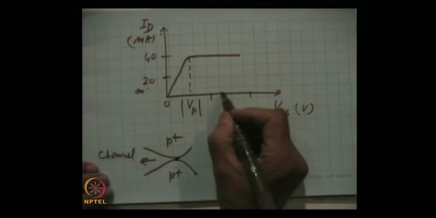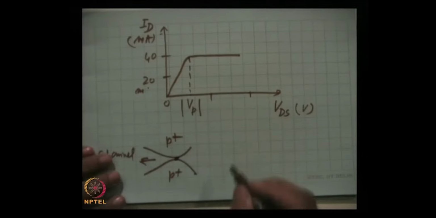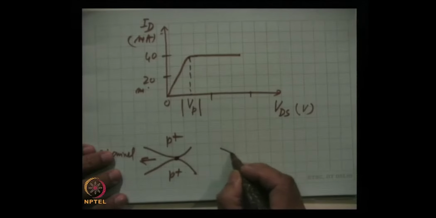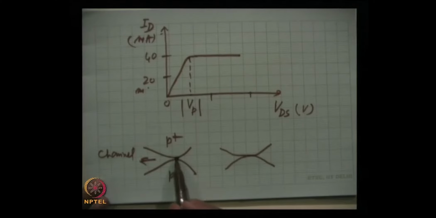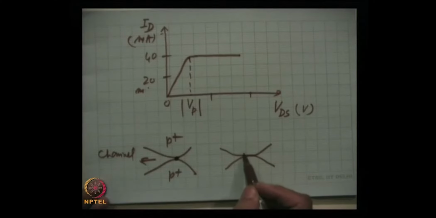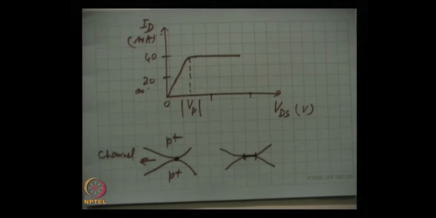That means, at this voltage the channel is like this. It was touching at one point, and here it is touching all through in this region, and hence it stops the rise of current.